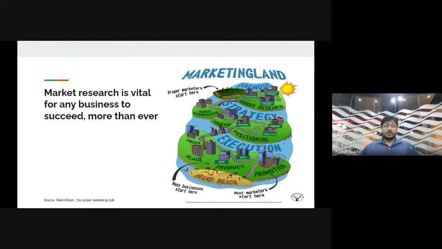So it becomes very critical for marketers to go back to the drawing board and really understand what this change has meant for the consumers, how it's impacted the attitudes and behaviors towards certain categories. Hence, research becomes very critical for understanding how that landscape has transformed for the marketers.